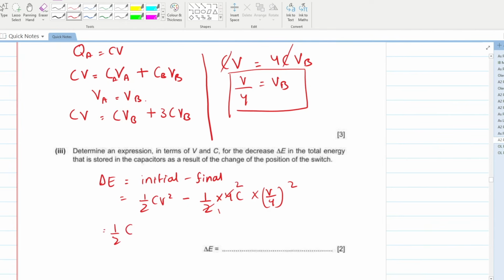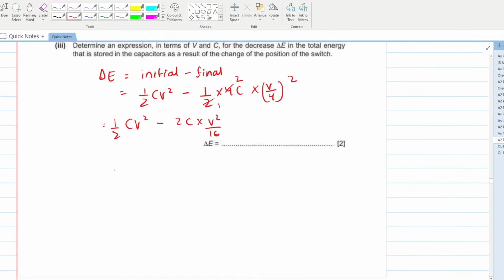1 upon 2 CV square minus 2C multiplied by V square divided by 16. This becomes equal to what? Let's further calculate it. 1 upon 2 CV square minus 1 upon 8 CV square. ठीक है. अब क्या करेंगे? LCM लेंगे.